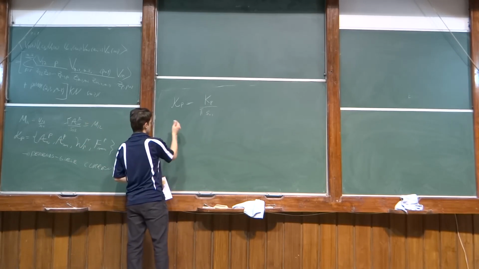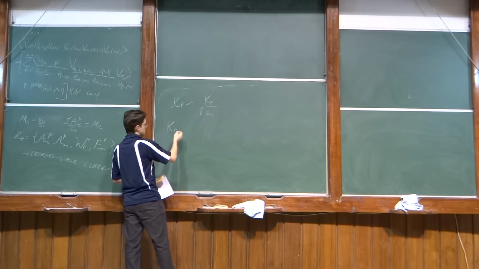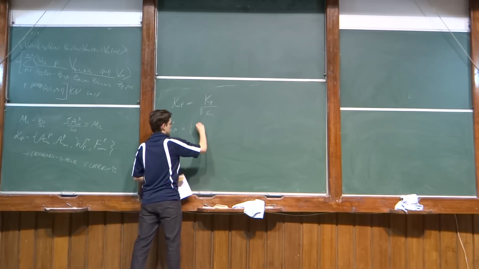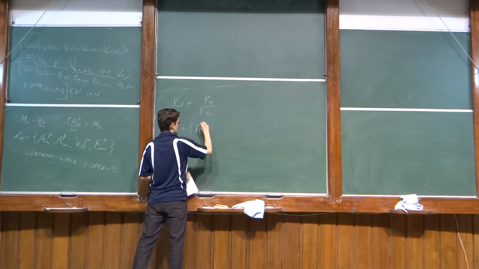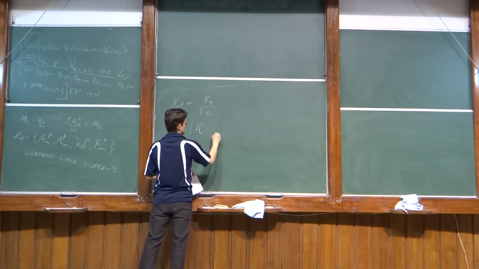So for example, KP with straight typeface, straight A, and for example 1, 2 here, 1, 2 there.